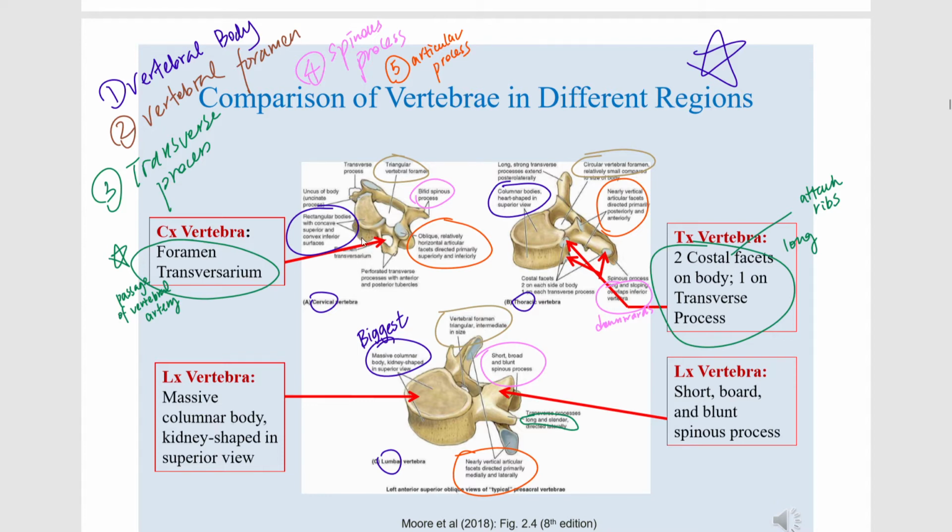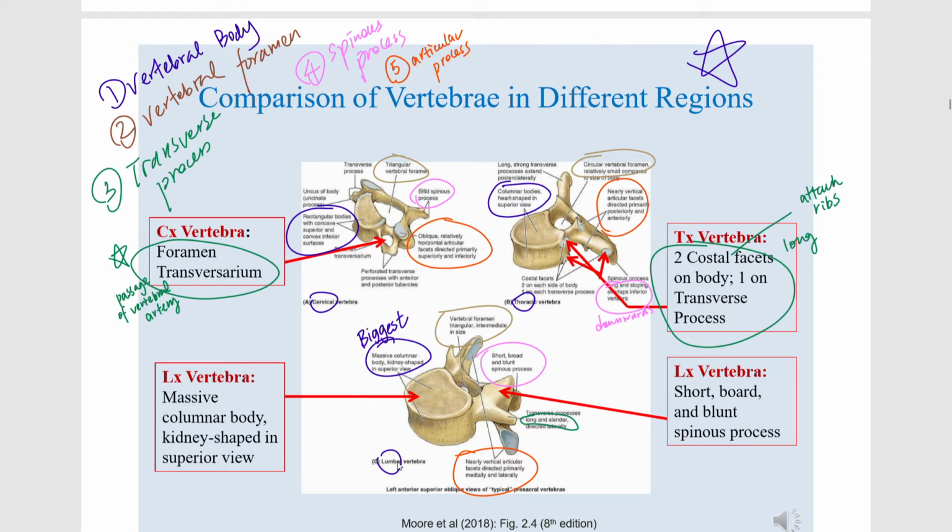This is a very specific characteristic for the cervical vertebrae. And for the thoracic vertebrae, the vertebral body is columnar in shape, and it has a heart shape in the superior view. It's just like a heart, as you can imagine.